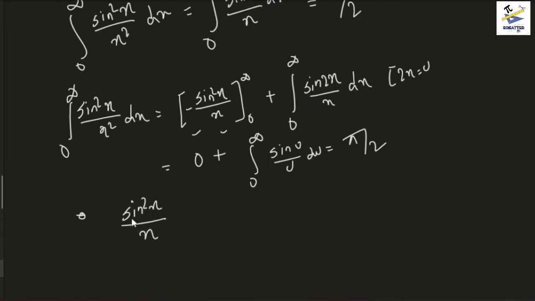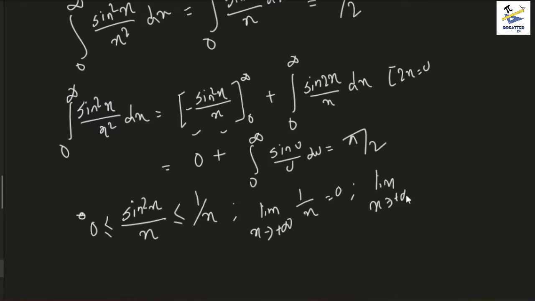Now you know sine squared x is greater than or equal to 0, so 0 is less than or equal to sine squared x by x, and it's also less than or equal to 1 by x, right? Now if you apply the sandwich lemma, you see that the limit as x tends to positive infinity of 1 by x is equal to 0, and 0 is equal to 0.